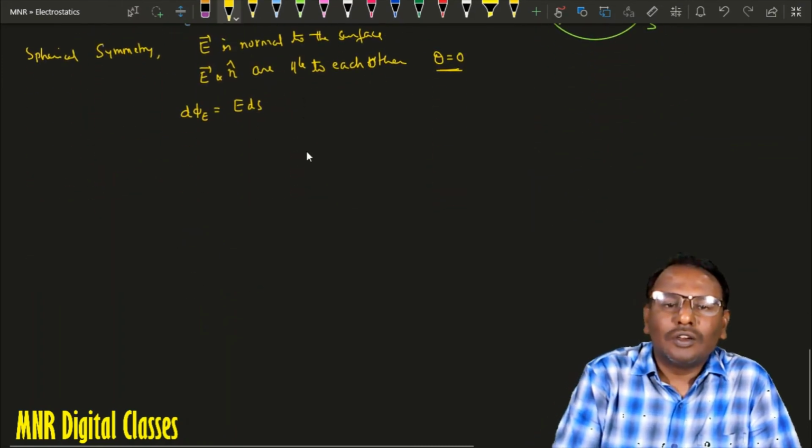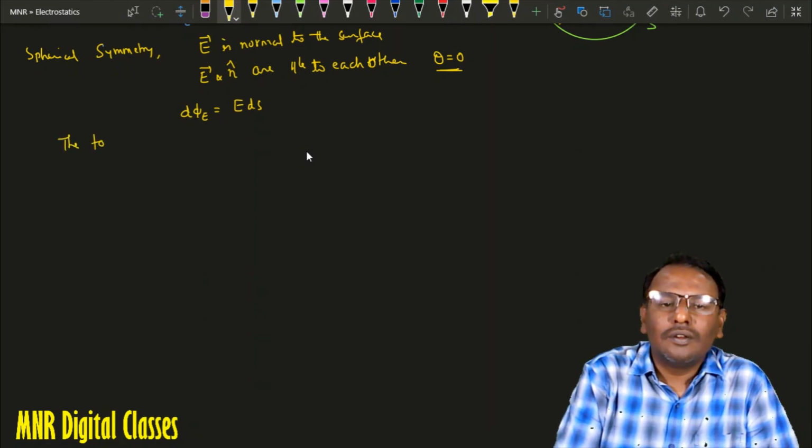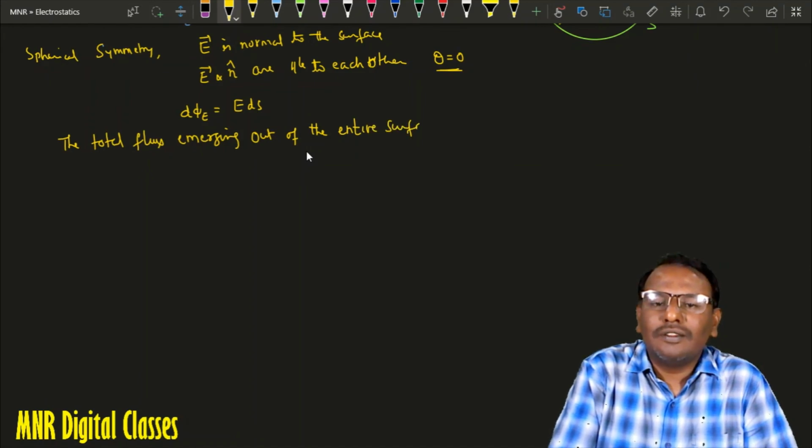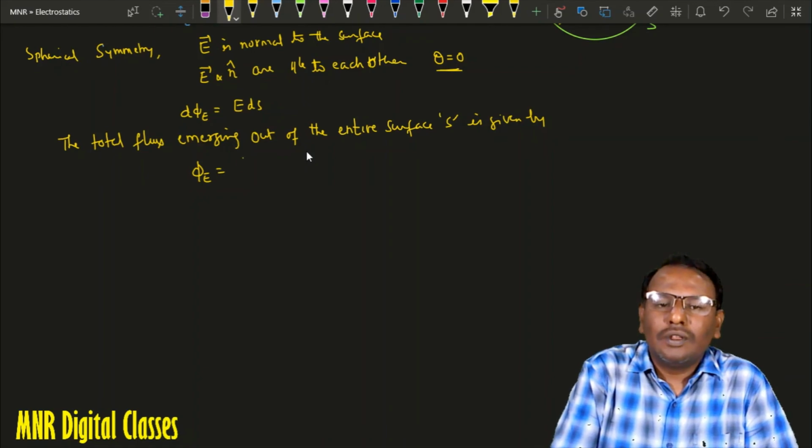Therefore, the total electric flux emerging out of the entire surface S is given by phi of E is equal to the surface integral of d phi.